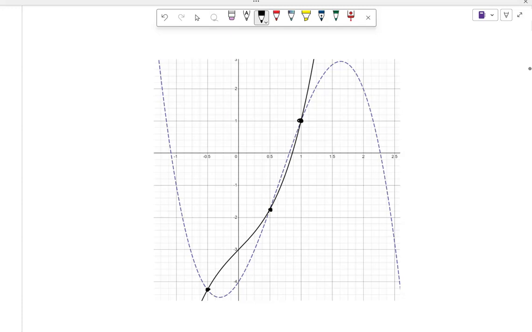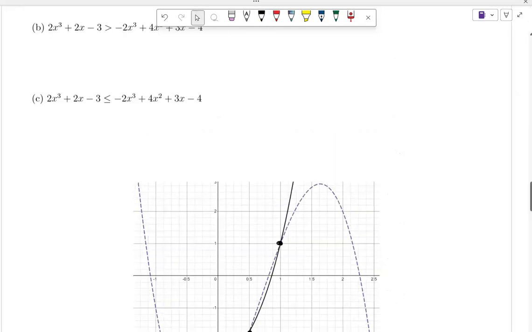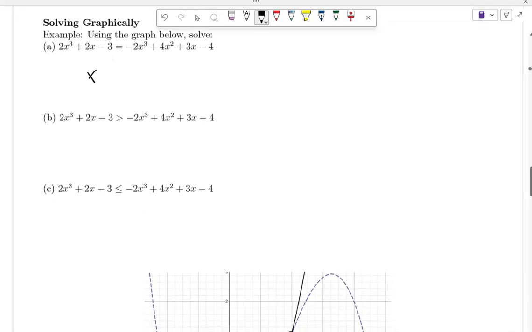So if I go across here, the x coordinate of this first point is what? Negative a half. The next one is positive a half, and the next one is 1. So we can just read off those x coordinates from the graph, and our answer to the first part will be x equals negative 0.5, positive 0.5, or you can write them as fractions if you want, and 1.